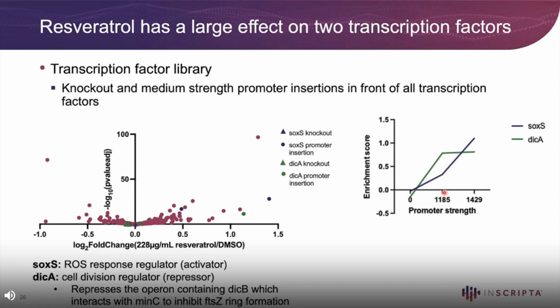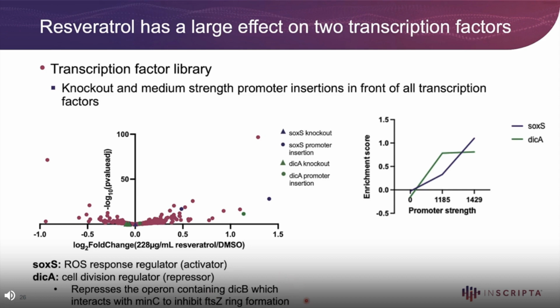And then as the promoter strength is increased, there is a greater enrichment, and this does taper off here for the second promoter strength. So DicA represses the operon containing DicB, which interacts with MinC to inhibit FtsZ ring formation.